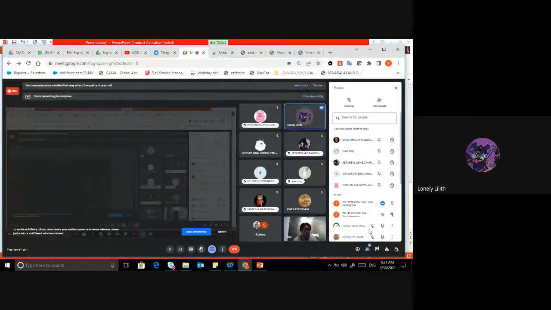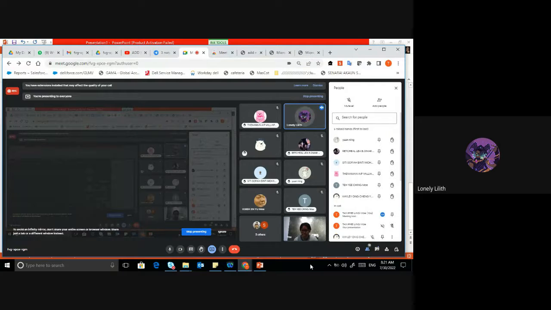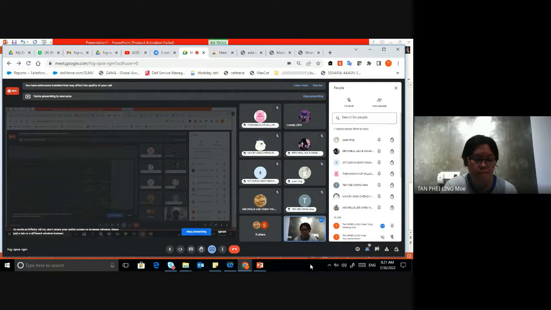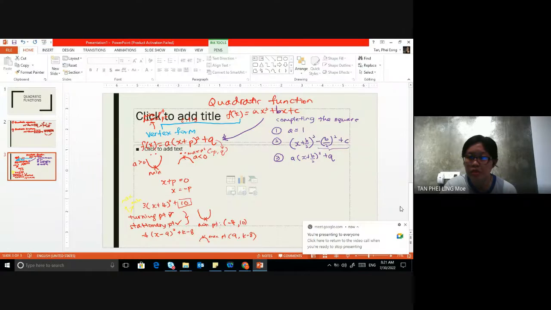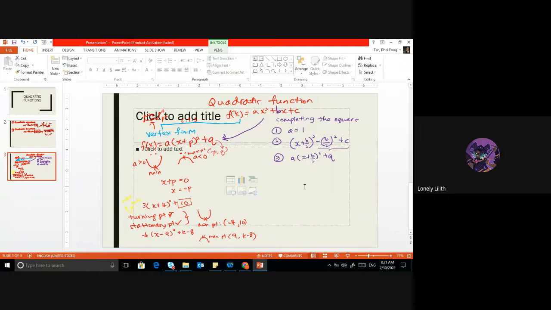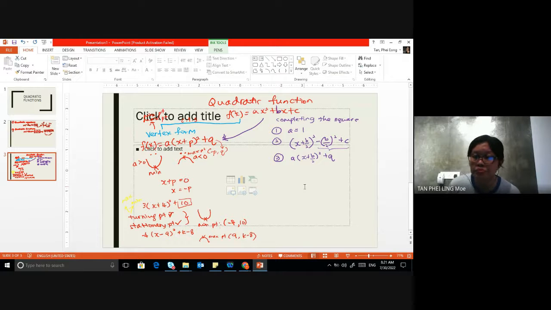So negative b over 2, square, thank you, plus c equals to plus q. Yes, the negative b over 2 square plus c becomes a number plus q, because eventually you have to simplify them to become a number, right?